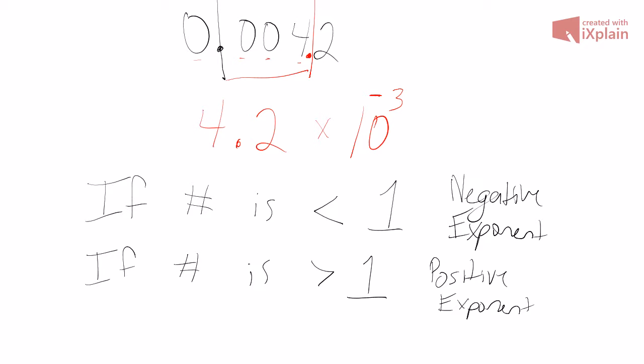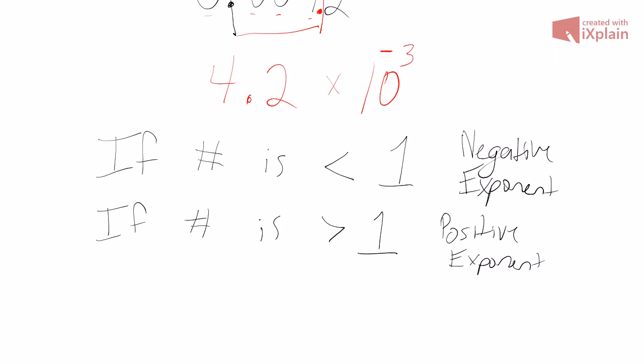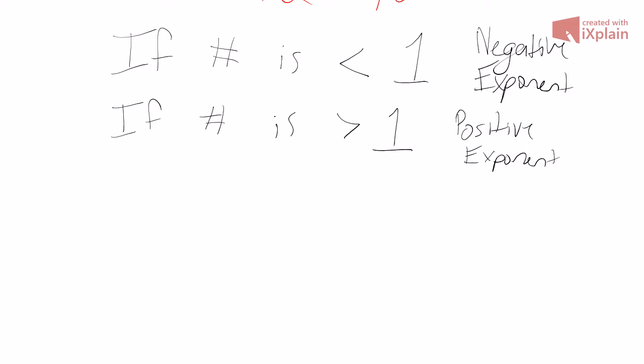And now I want to show you one quick example of why it would be important to be able to do this. So let's say that we're talking about how many miles away a really, really far star is. So let's just say that there's some star out there that is 974 billion miles away.